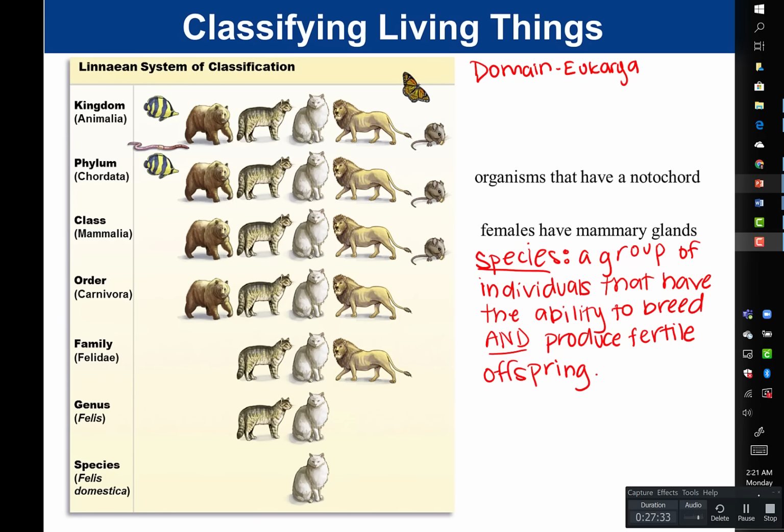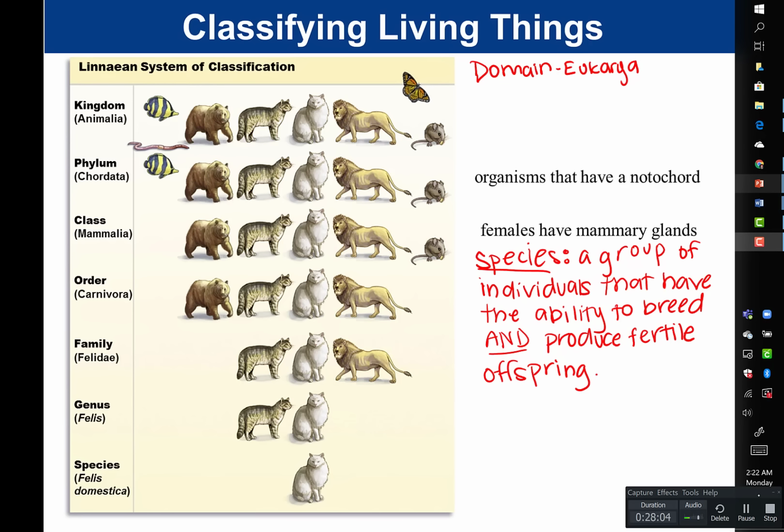A mule is what we call a hybrid. It's a mixture of the two. Now, the mules are infertile. They're not able to give rise to more mules. So that's why horse and donkey are separate species. Yes, they have the ability to breed, but they don't produce fertile offspring. So they're not the same species. They're separate species. So that is kind of your definition of what a species is.